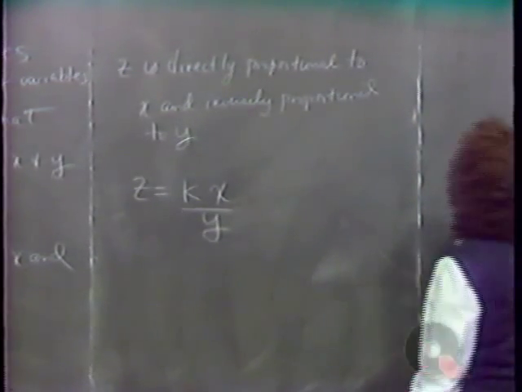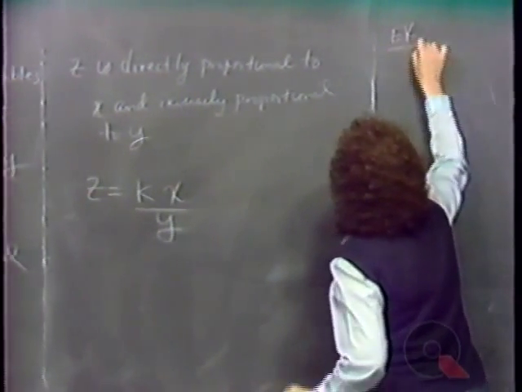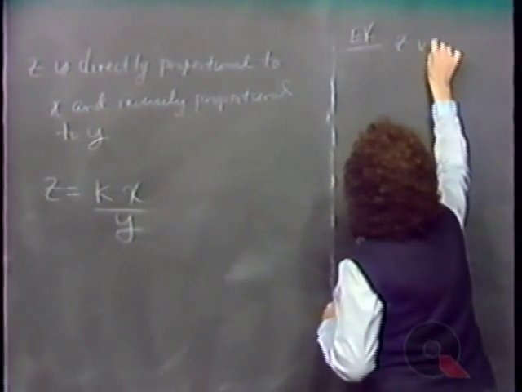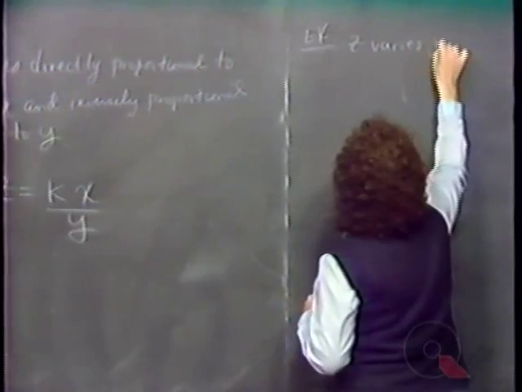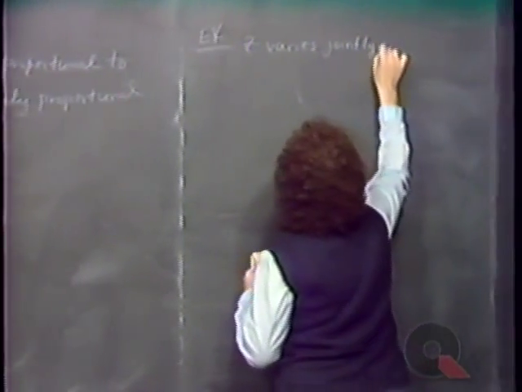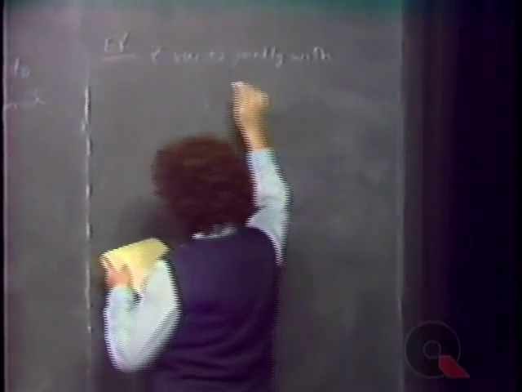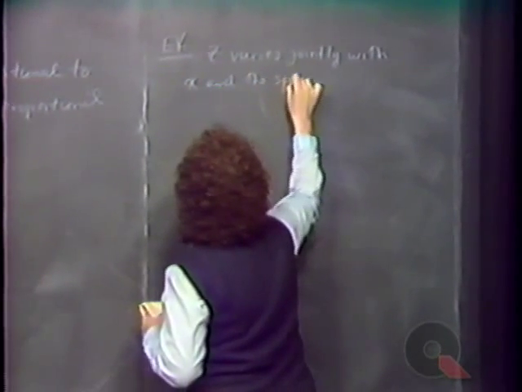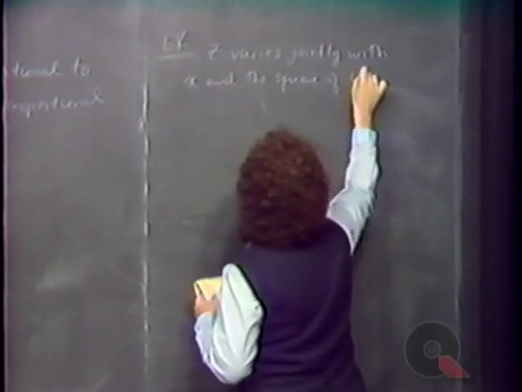Okay, let's try an example when we have more than two variables. Z varies jointly with x and the square of y.